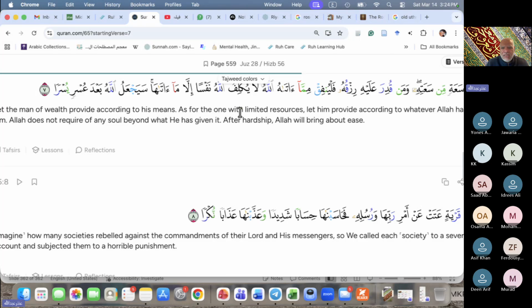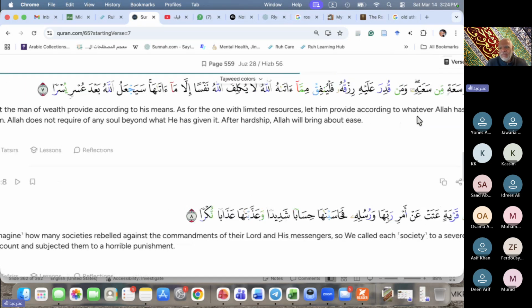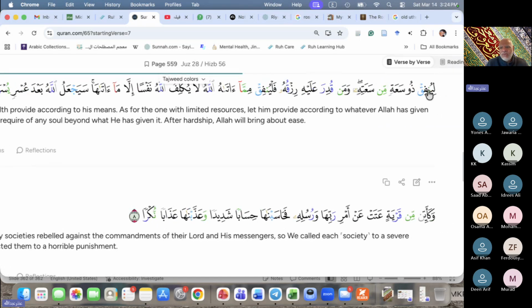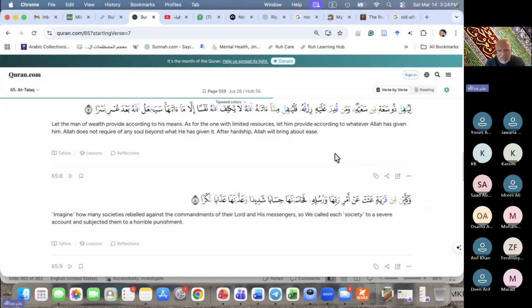And for the one with limited resources, let him provide according to whatever Allah has given him. So لينفق, let him spend. ومن قدر عليه رزقه فلينفق, let him spend. This is an example of li and fali.